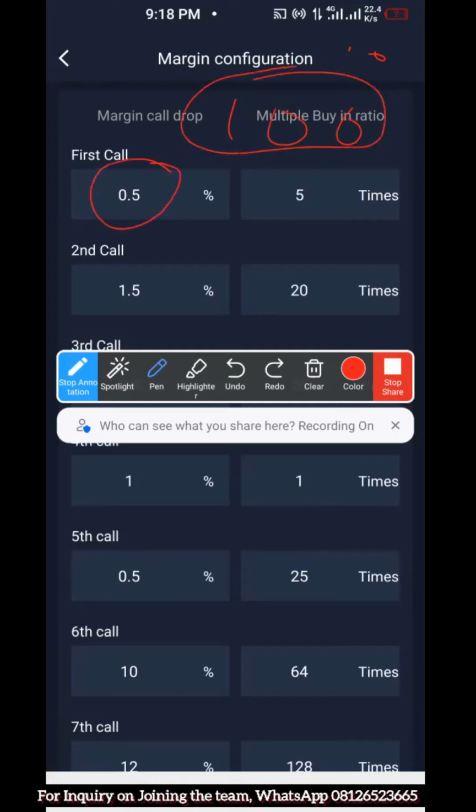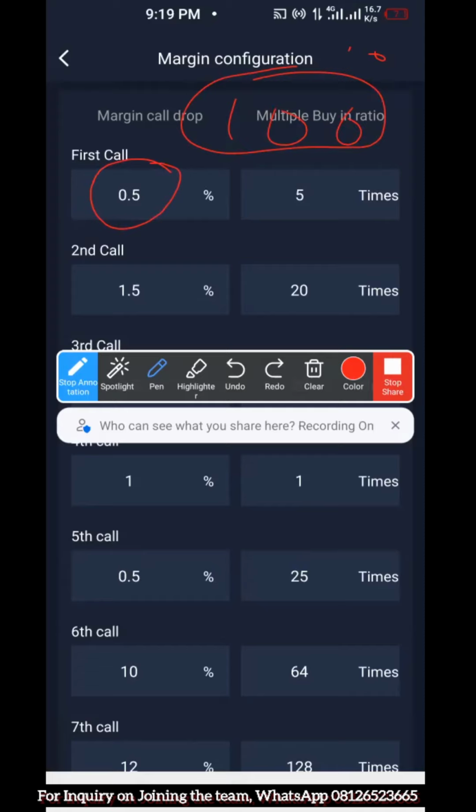You really don't need to bother yourself with all this calculation because the robot is going to calculate it for you all the same. But you can just have a mental picture of the distance that you want it to go. So if it goes 0.5%, what is 0.5% of 100? That is only $5. Okay, 10% is $10. So 0.5% will be $5.